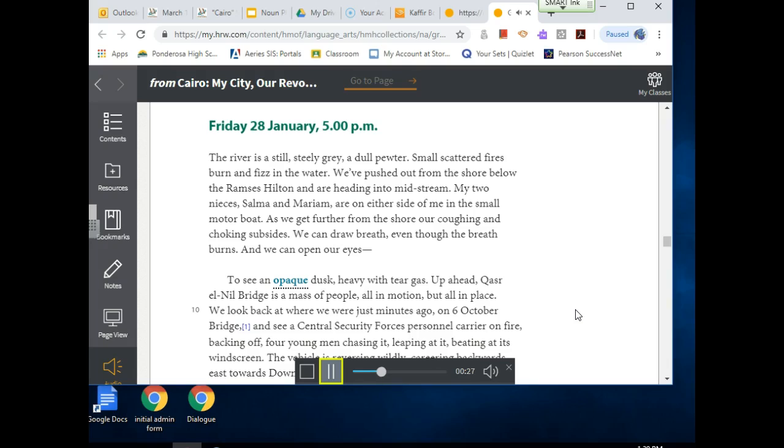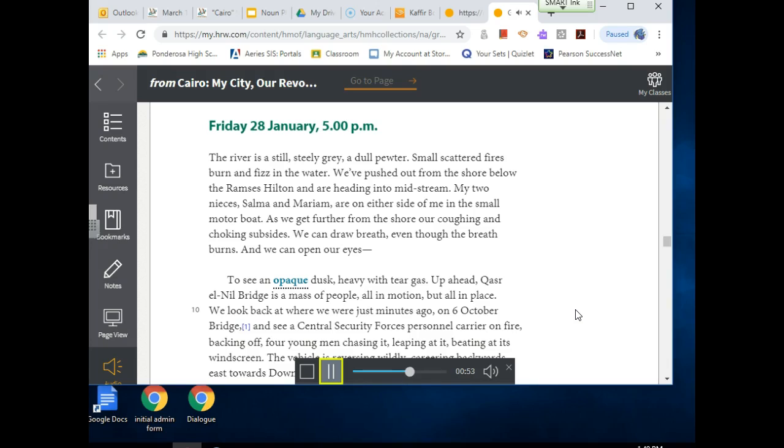We've pushed out from the shore below the Ramses Hilton and are heading into midstream. My two nieces, Salma and Mariam, are on either side of me in the small motorboat. As we get further from the shore, our coughing and choking subsides. We can draw breath, even though the breath burns. And we can open our eyes to see an opaque dusk, heavy with tear gas.